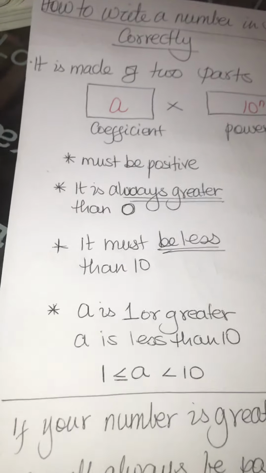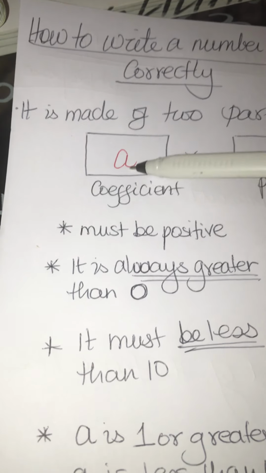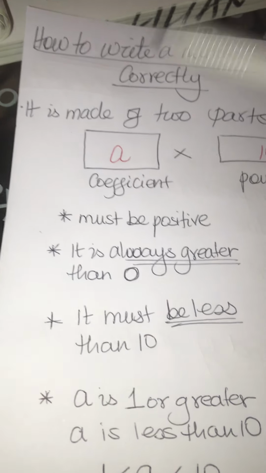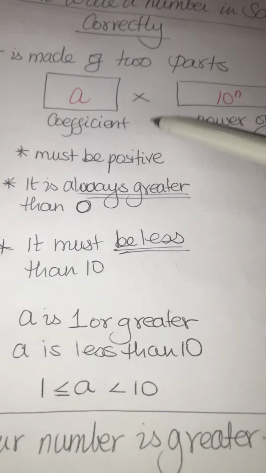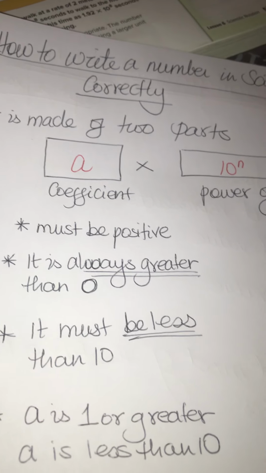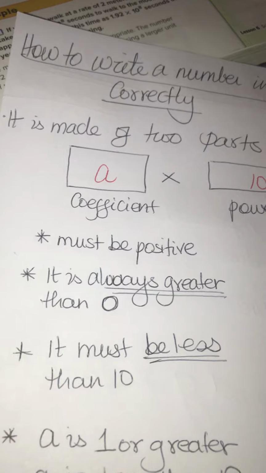Okay? Now, let's look at the coefficient. Very important. This value that you will write here should always be positive. Always. Okay? Then, it should always be greater than 0. It should be a whole number greater than 0.